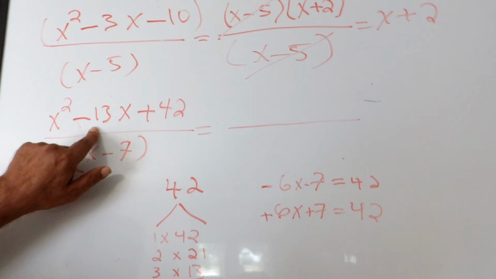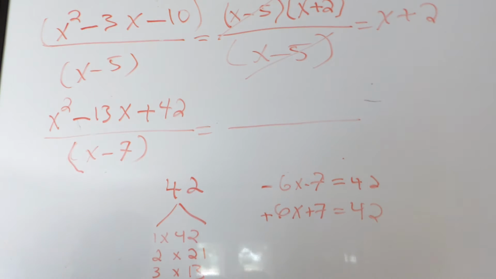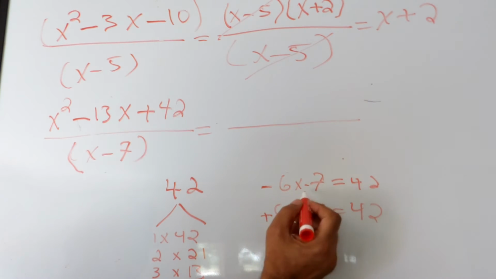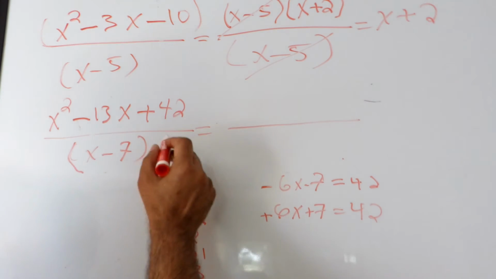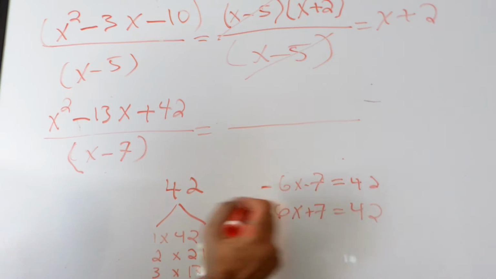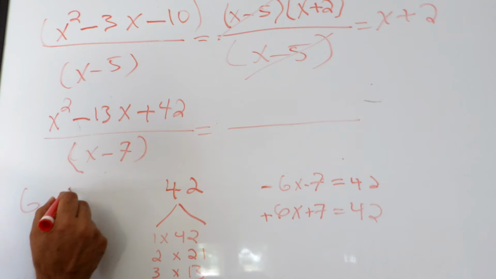So we choose minus 6 and minus 7, because if you add them up, it's going to be minus 13, and the multiplication of 6 and 7 is 42.